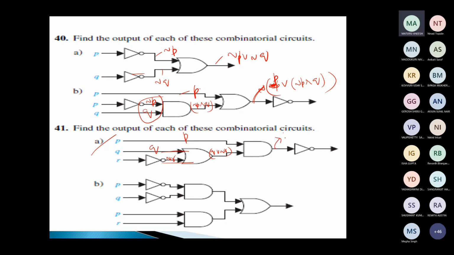So this becomes P and Q and not R. And again one not is used. So here, not of P and Q and not R.